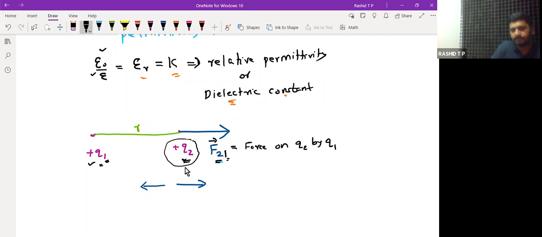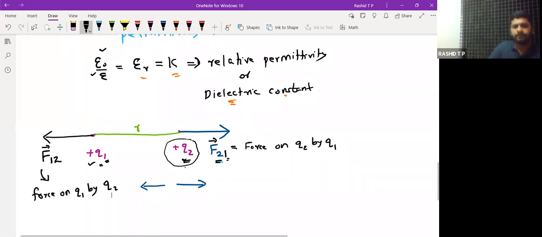The second letter represents who is exerting the force. In a similar way, the force on charge Q1 is F1, exerted by charge 2. This means force on charge Q1 by Q2.